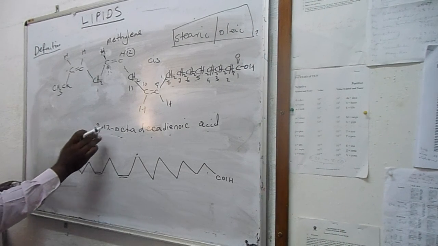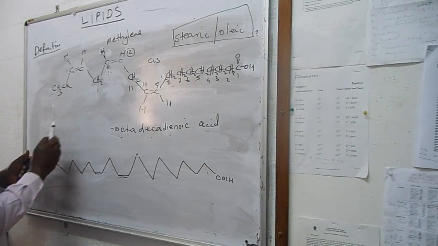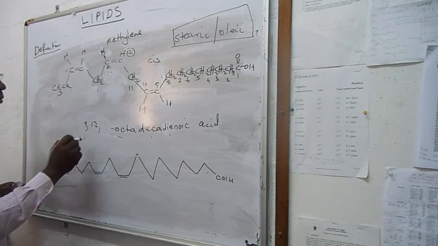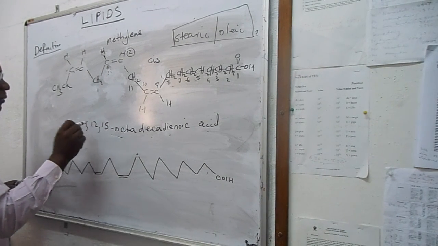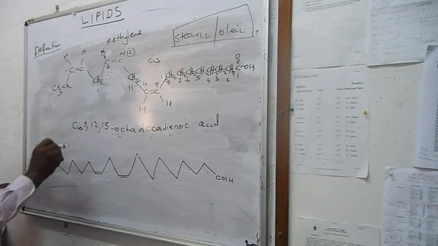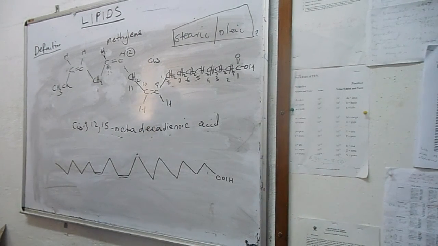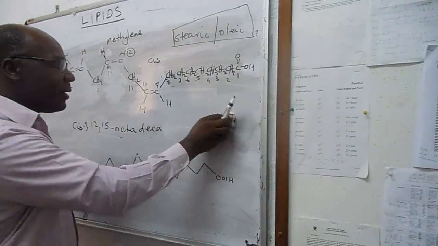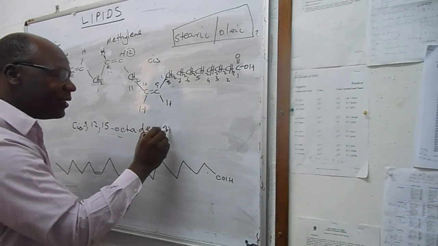The third double bond is at position number 15. So we have one at position number 9, one at position number 12, and another one at position number 15. So this is also cis 9, 12, 15 octadeca. Again, remember this is coming from decanoic acid.